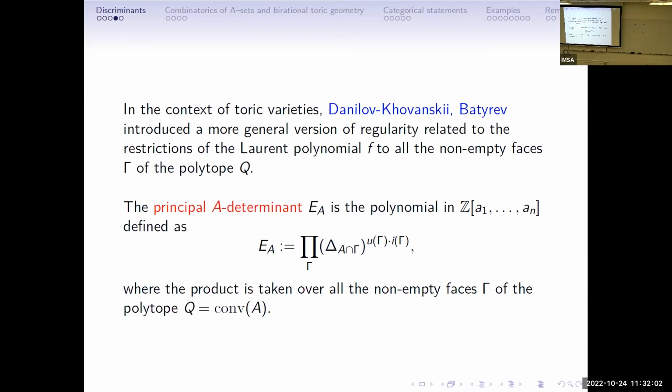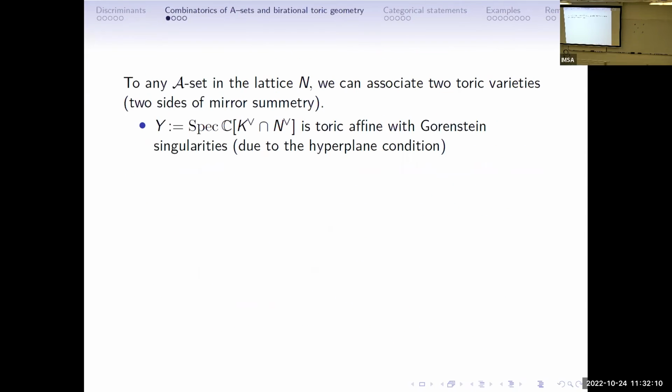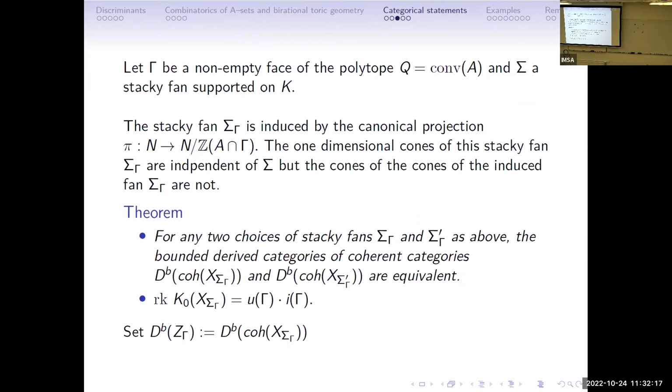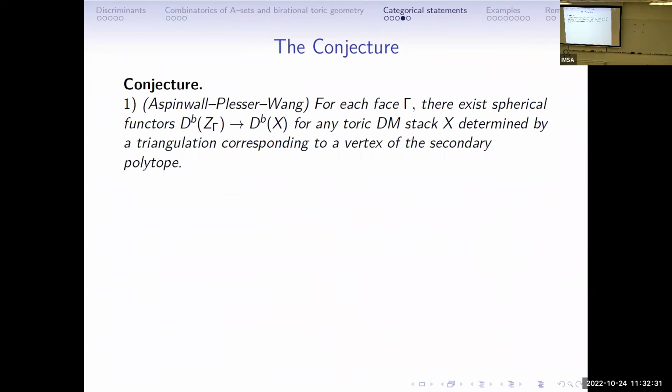So that's a hint, as I said, that what we're trying to do is, in a way, write down a categorification of this principal A-determinant. So let's call this dB of Z gamma, because Z is, in this EZ story, the variety that sits on one side of the definition and is called Z.